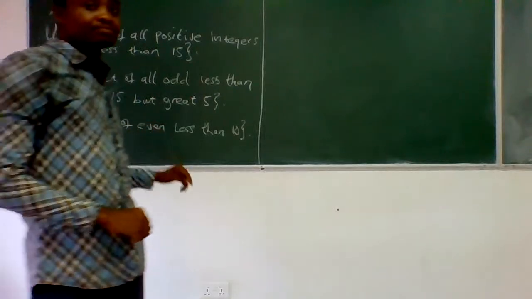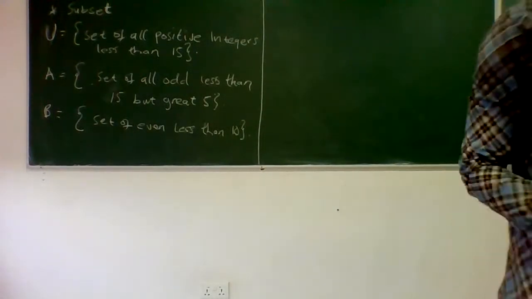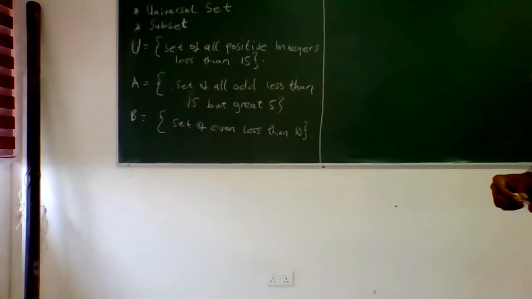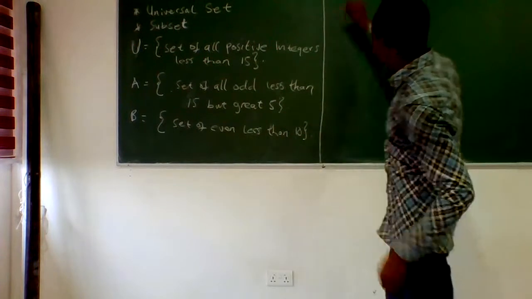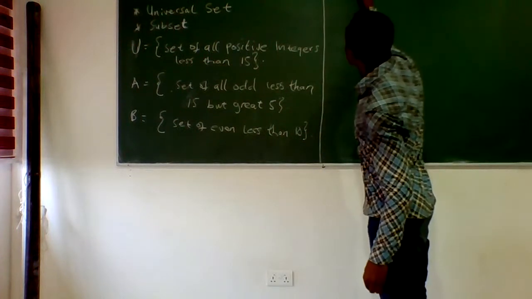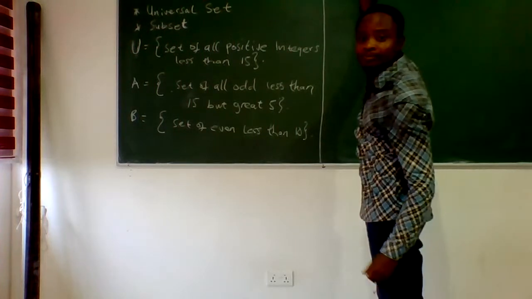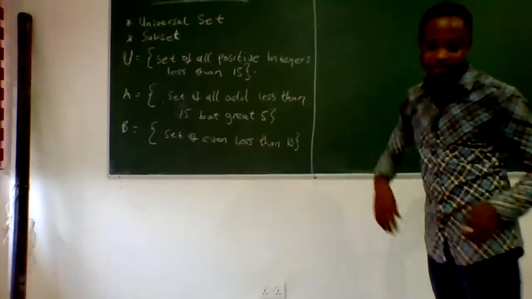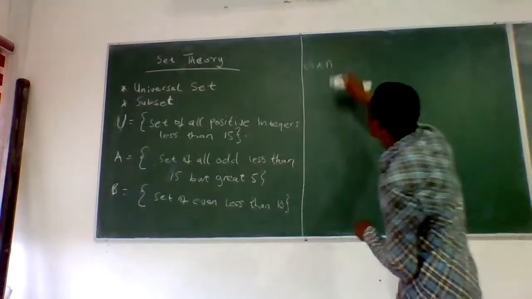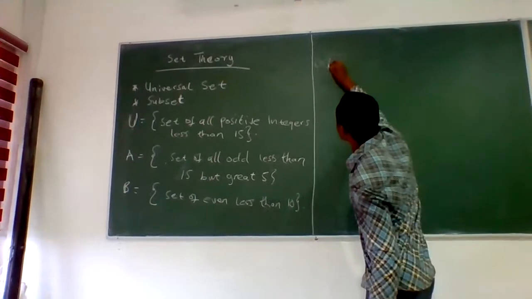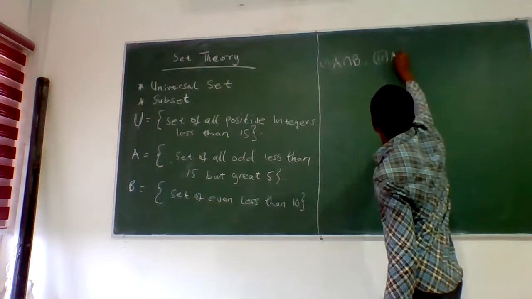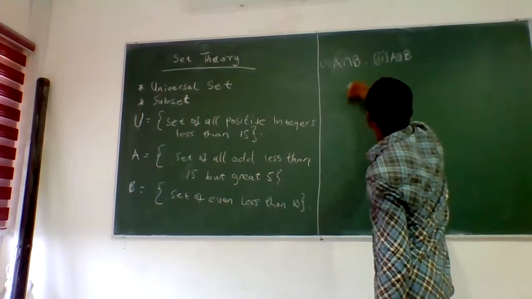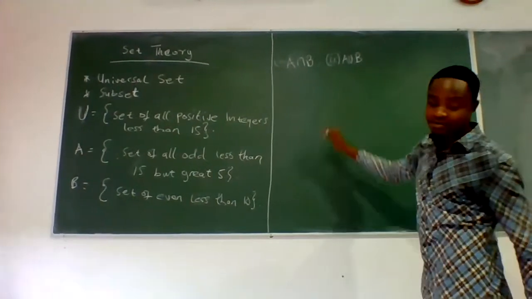So when you have this problem, you can be asked to find A intersection B, A union B. And what else? Okay, so let's concentrate on this.